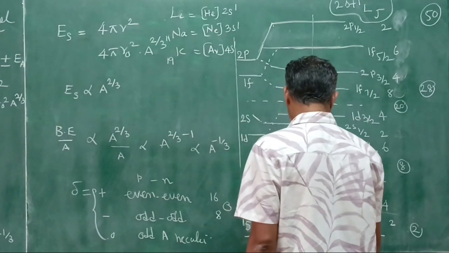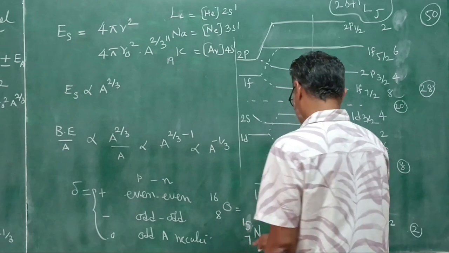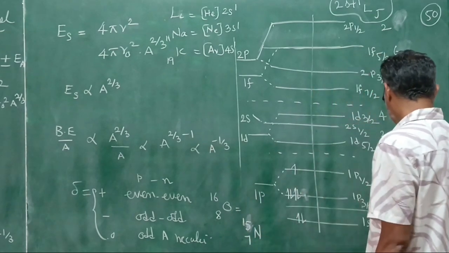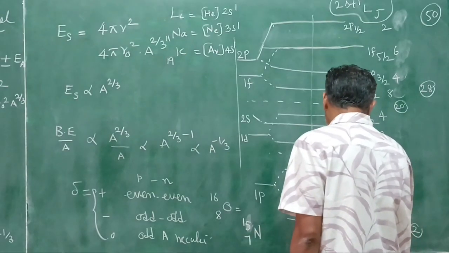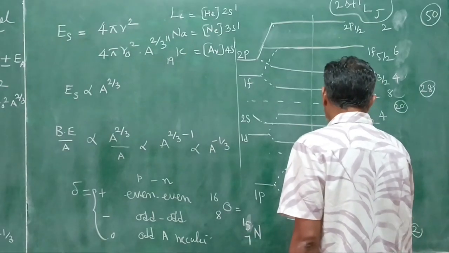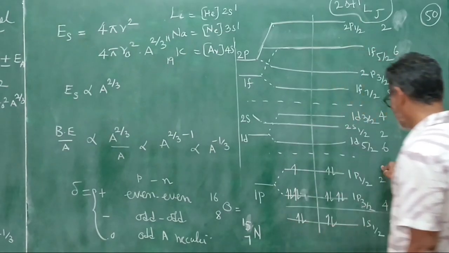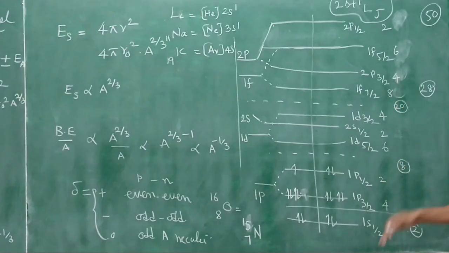So 4 protons are there, and then here, 2, 4, 6, 6 plus 1 is 7. And for 8, 1 up, 1 down, 1 up, 1 down, and so on. So that is how this energy is filled.